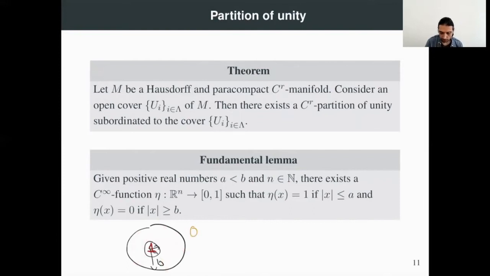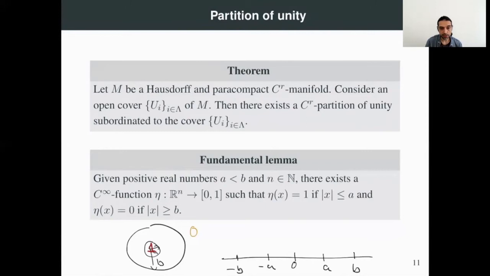If we take a look at what this means on the real line, let's consider here 0, a, minus a, b, minus b.